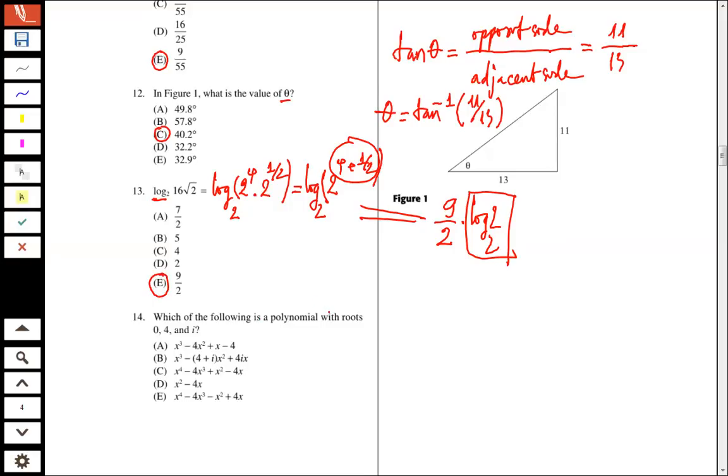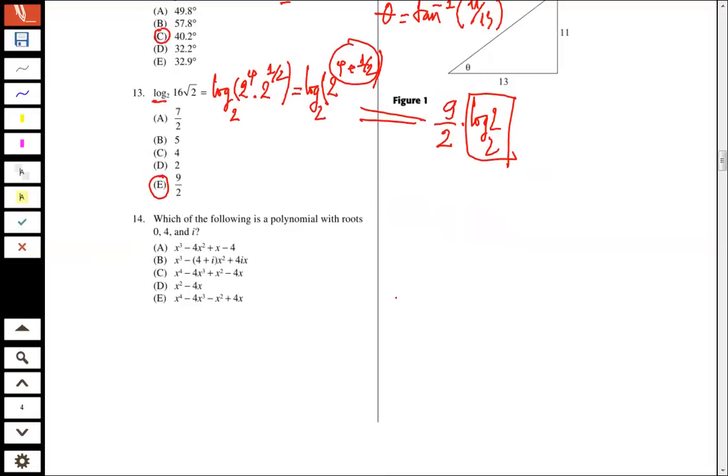Question number 14. We need to find a polynomial with roots 0, 4, and the imaginary unit i.